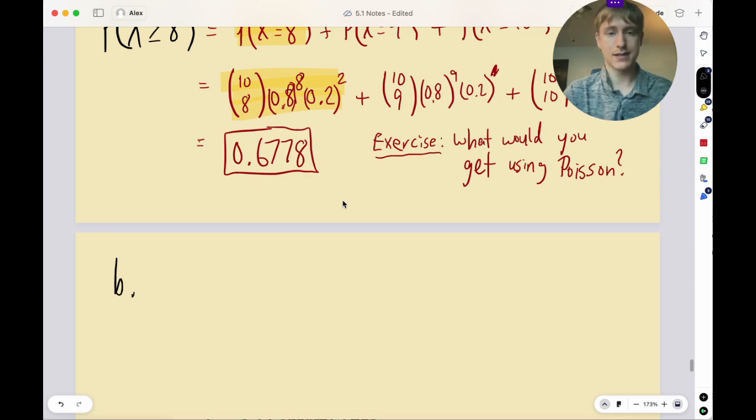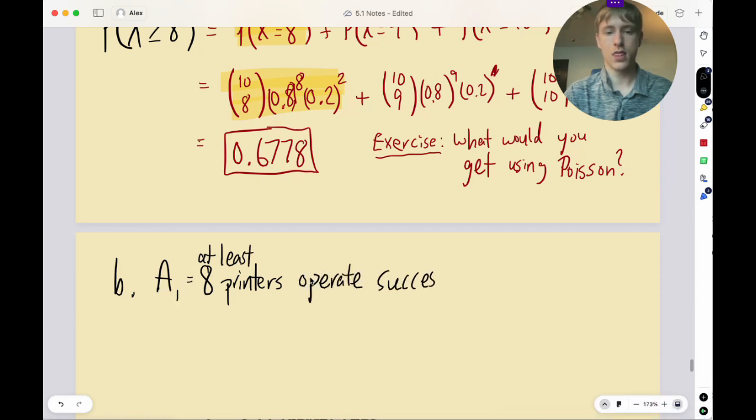Let A1 be the event that at least 8 printers operate successfully in month 1.